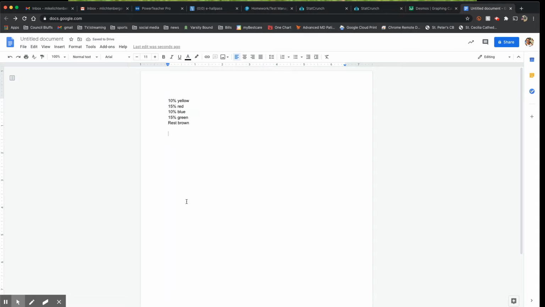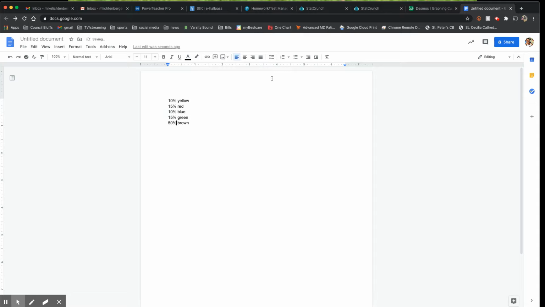So 10 plus 15 is 25, plus 10 is 35, plus 15% is 50. So that means 50% is left over, so 50% are brown.